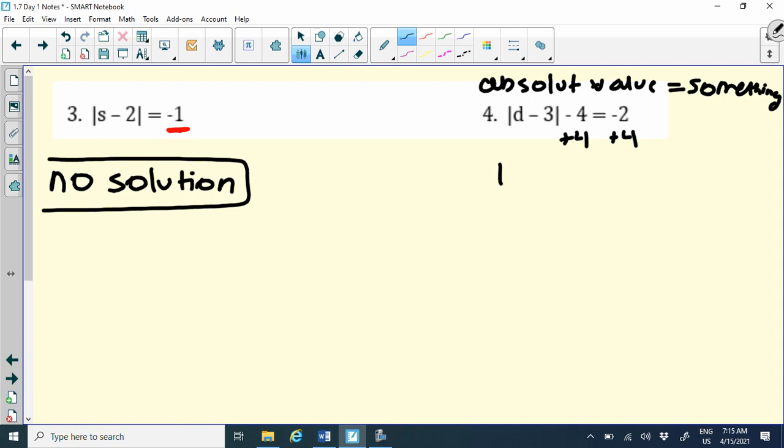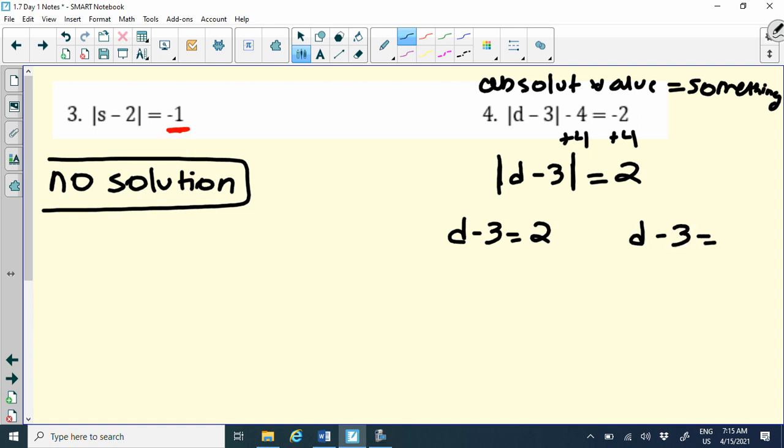So when I do that, I now have the absolute value of d minus 3 equals, now I do negative 2 plus 4, that gives me a positive 2. So now the constant, the value outside the absolute value bars, is a positive. So I basically do what I originally did in the first two examples. I solve. So I need to create two equations.